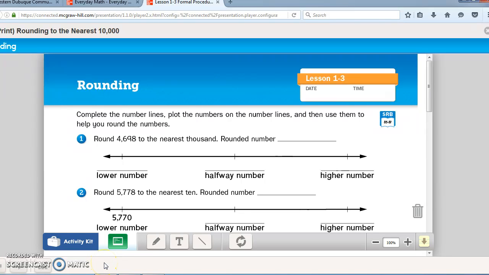Next, I want you to go to Math Journal page 7, and I want you to complete all the problems on Math Journal page 7. If you have any difficulty, you can always rewind the tape. You can get out your place value flip chart.